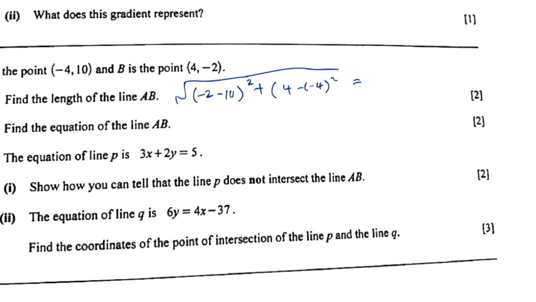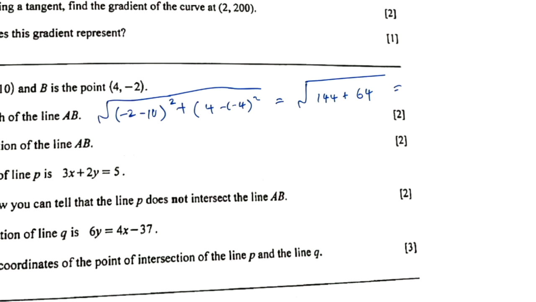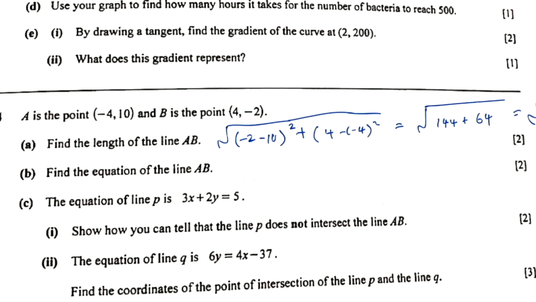So we get square root of negative 12 squared is 144, plus 64. Square root of 208 is 14.4. So the length is 14.4.